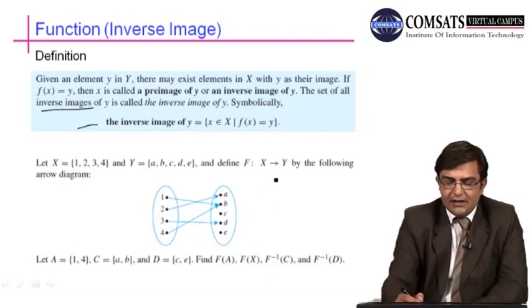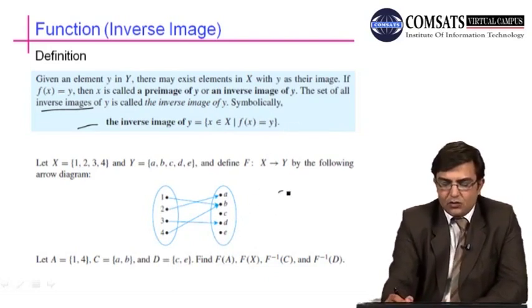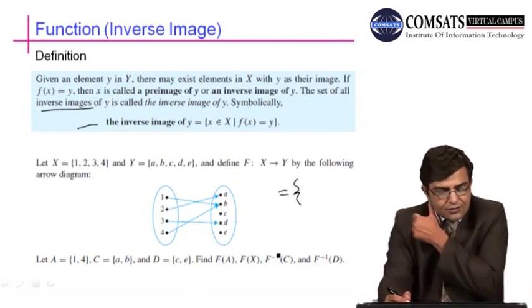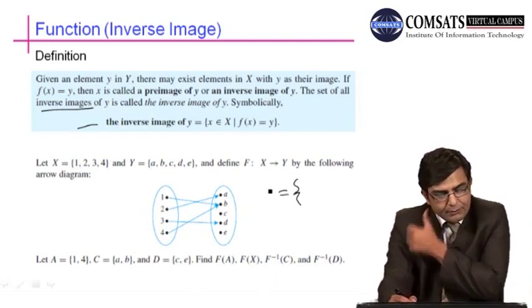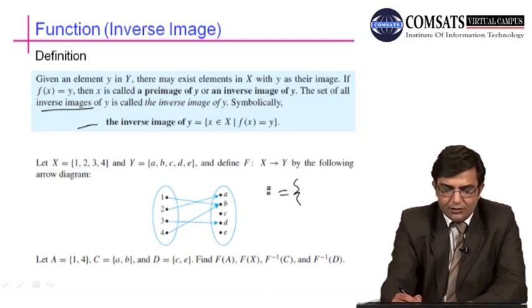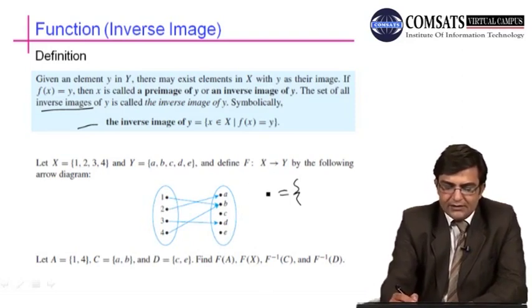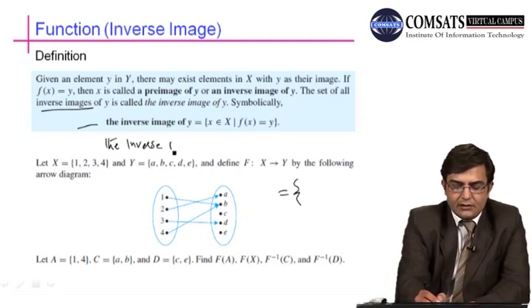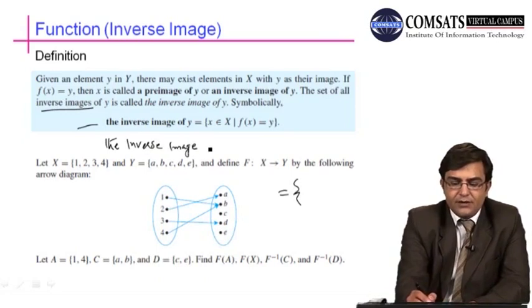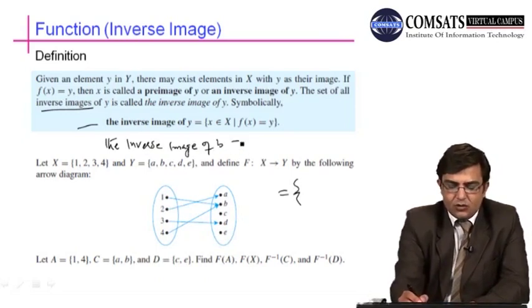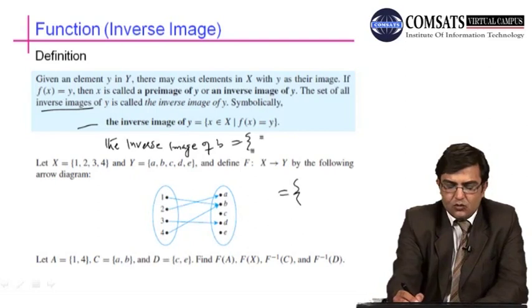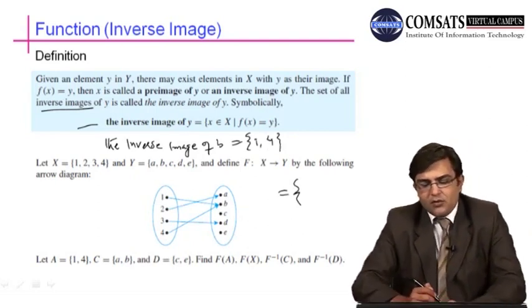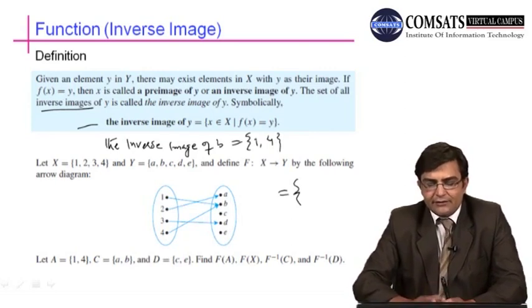Inverse image here in this example is what? For example, the inverse image of b in this example is 1 and 4, because f of 1 is b and f of 4 is b.